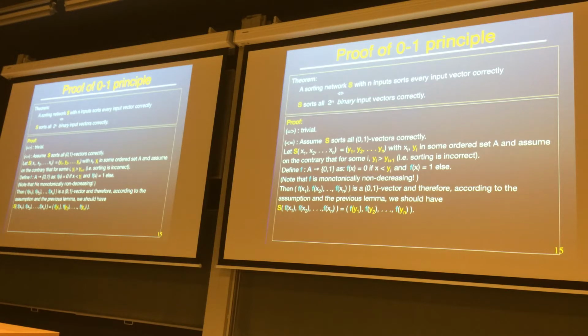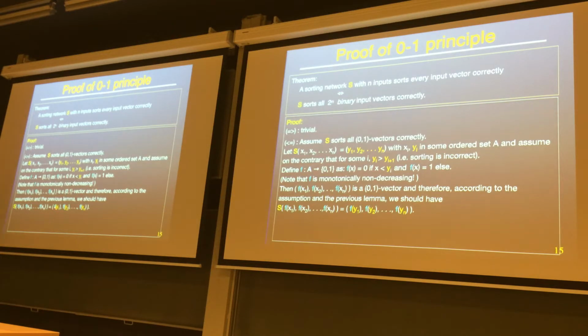Note that since f maps an arbitrary number to a binary number, these numbers are all 0, 1. So we have a 0, 1 vector. According to our assumption, S sorts all binary vectors correctly, so S of this binary vector should give you a binary vector f(y_I1), f(y_I2), ..., f(y_In) that is sorted correctly.